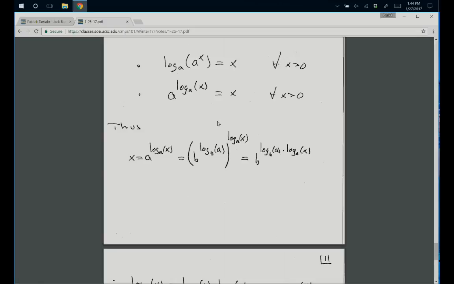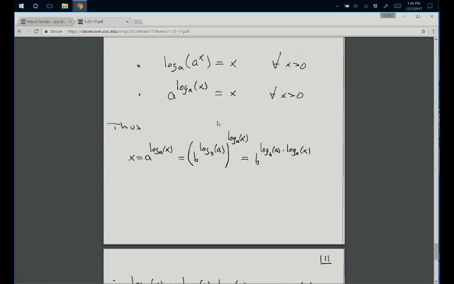Okay, last topic in this handout, Stirling's formula. Let n be a positive integer.